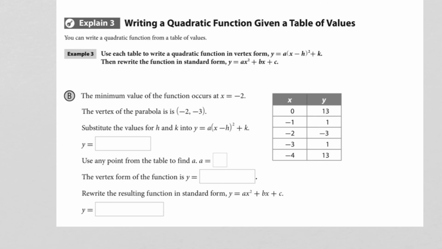So in this next section, they're trying to show you that you could write the vertex form and the standard form using the data of a table. So let's give that a shot.